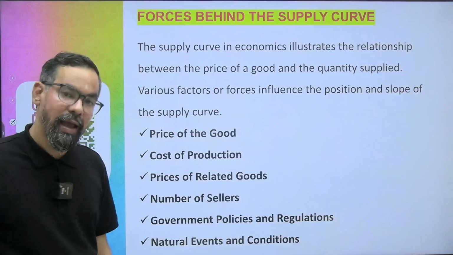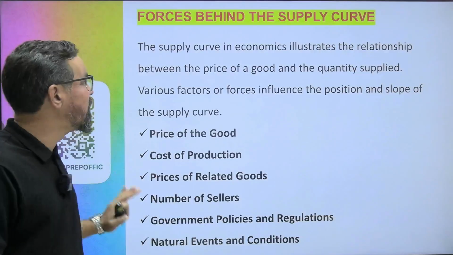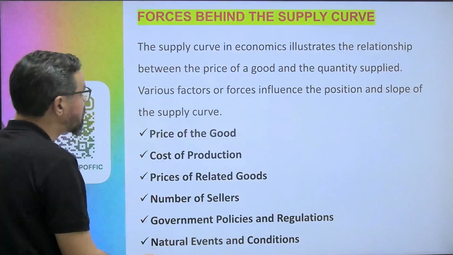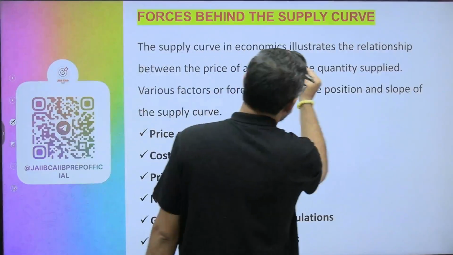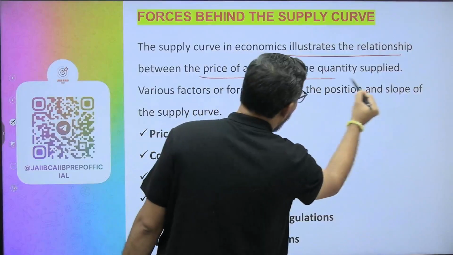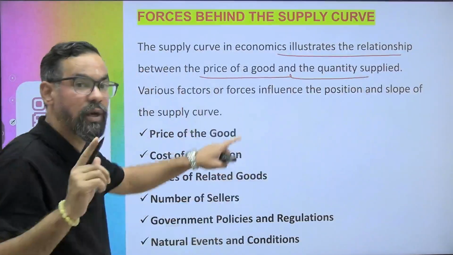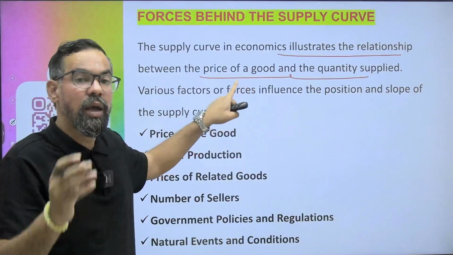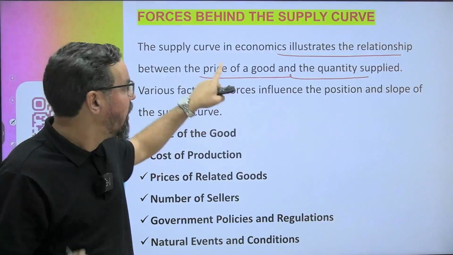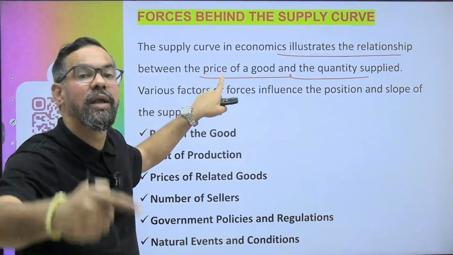Now again, same thing. When it comes to the forces behind the supply curve, the supply curve in economics illustrates the relationship between the price of goods and quantity supplied. The law of demand is the relationship between price and quantity demanded; this one is price and quantity supplied, right?